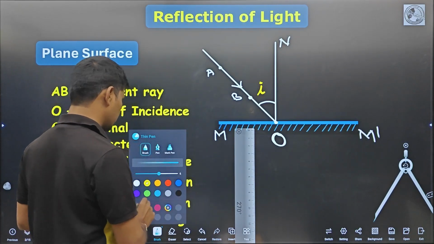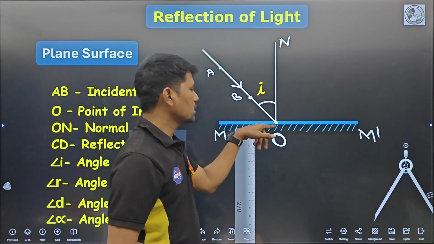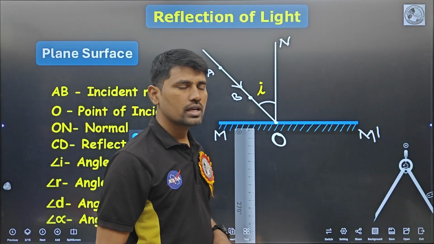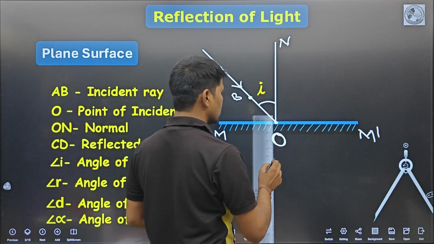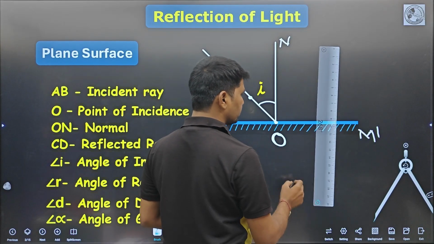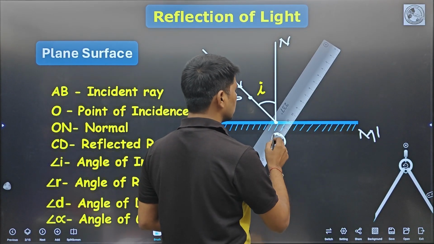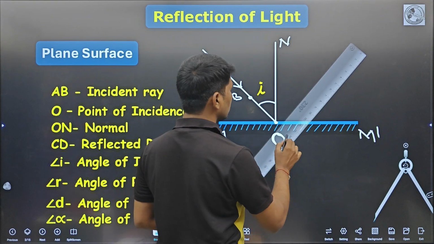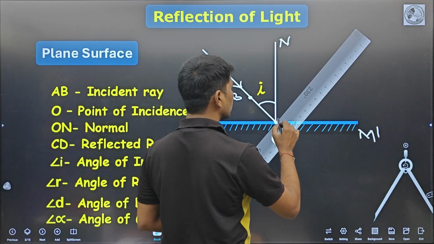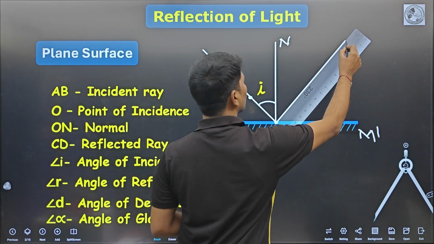After the incident ray rebounds like this, that is nothing but the reflected ray. Approximately I'm taking the shape of a V. This is the reflected ray.